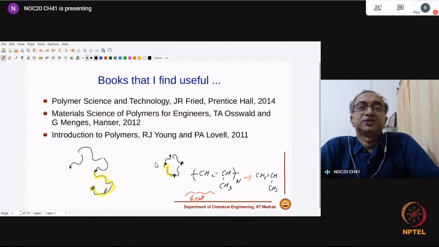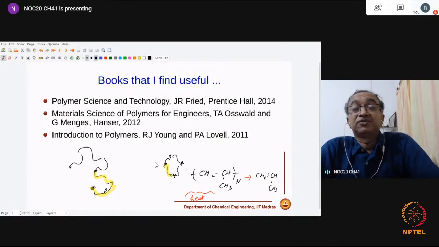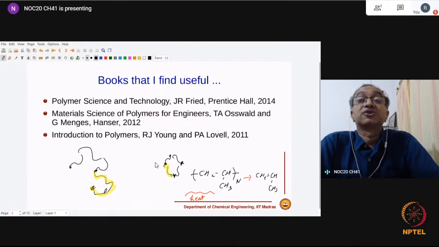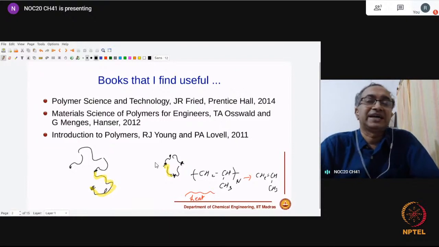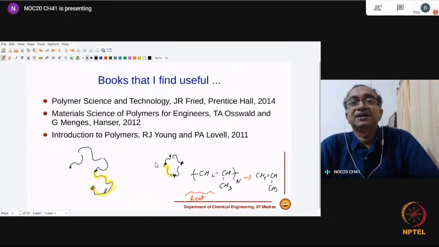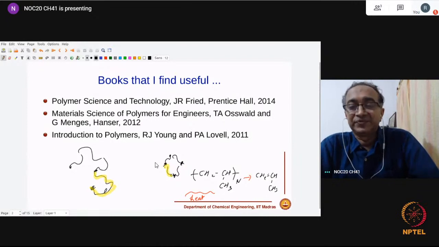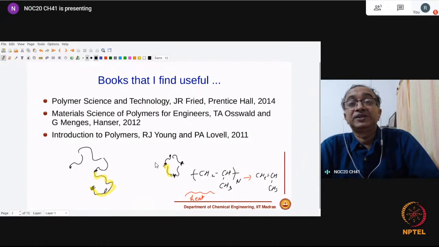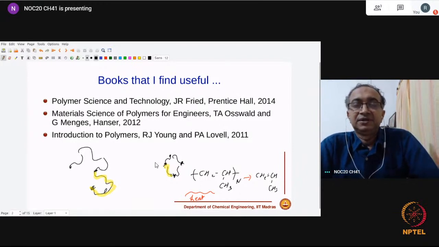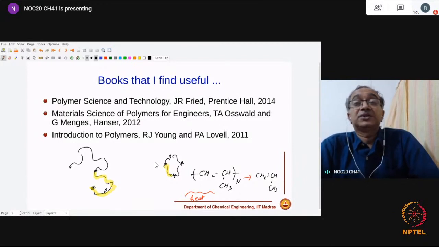So it could be hydrogen bonding, it could be van der Waals interactions, it could be a reaction also. Sometimes, let's say the nanofiller that you are using might have a hydroxyl group attached to it. And so if the macromolecule has a carboxylic acid, then it can react with the hydroxyl which is there on the filler. So both physical and chemical interactions are possible between nanofiller and polymer. But it will depend on what polymer and what nanofiller you are talking about.